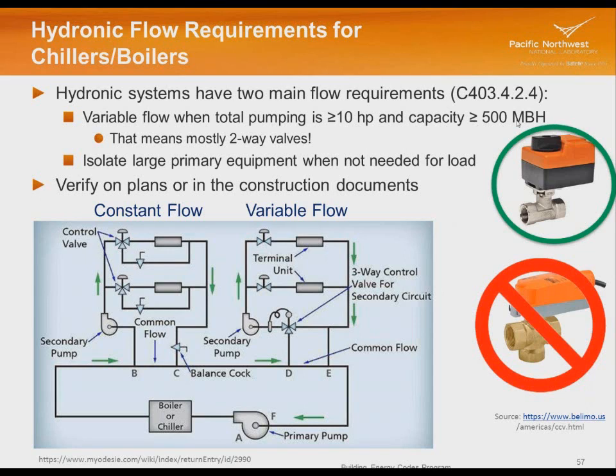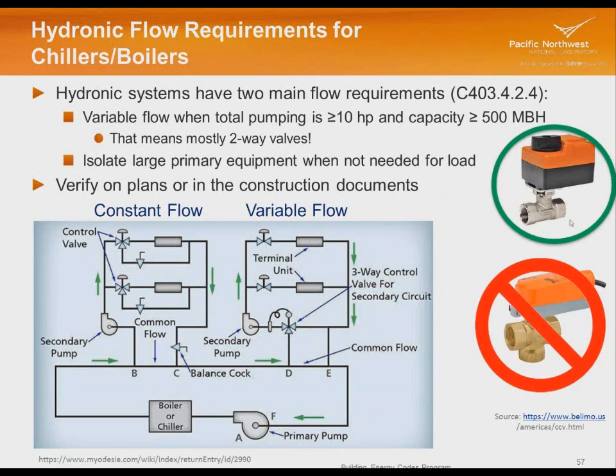And if my capacity, either on the cooling or heating side, is greater than 500,000 BTUs per hour. And those requirements are separate for heating and cooling. So I might require variable flow on the cooling, but not on the heating, depending upon the loads and the pumping horsepower. What that means is, mostly we're going to see two-way valves in that system.